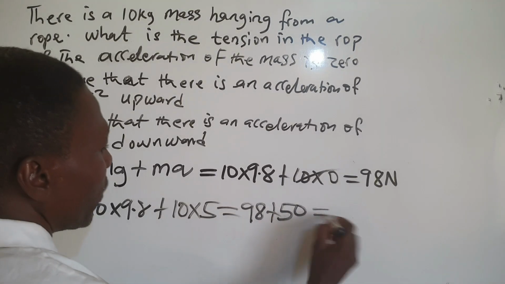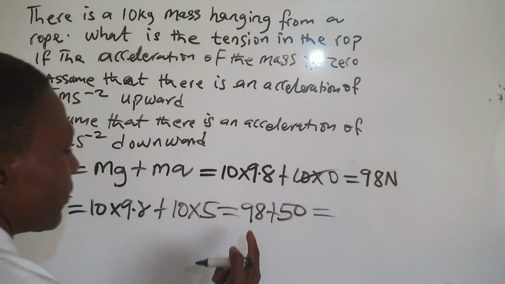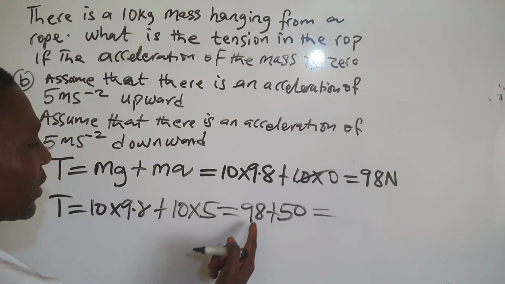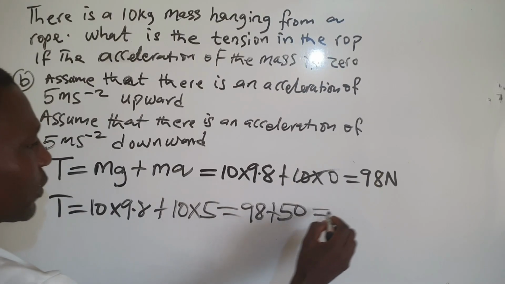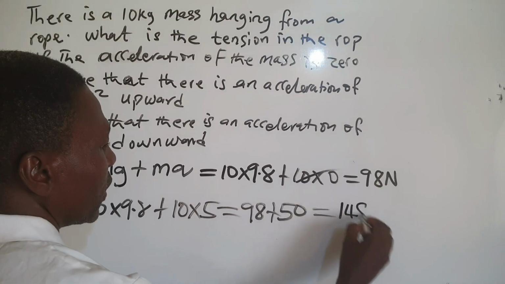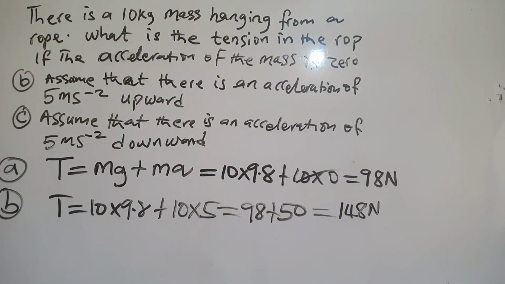Then this plus this will give us 98 plus 50, which will give us what? 148 Newton. So the answer is 148 Newton.